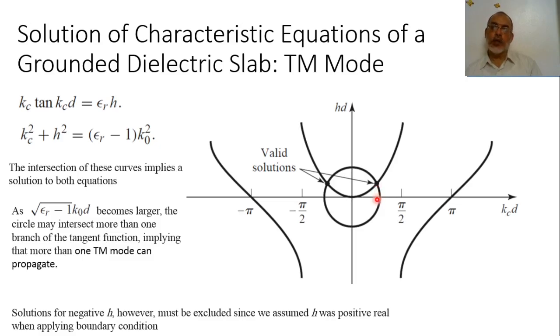And by solving Kc and H to obtain the value of beta, now we obtain all the unknown functions of the solution of the two Helmholtz wave equations inside the dielectric medium and outside the dielectric medium.